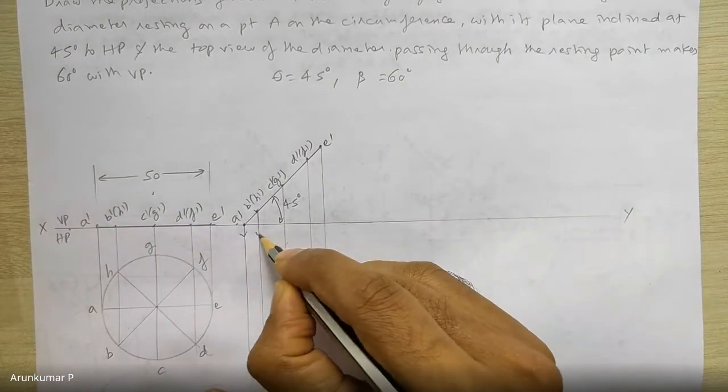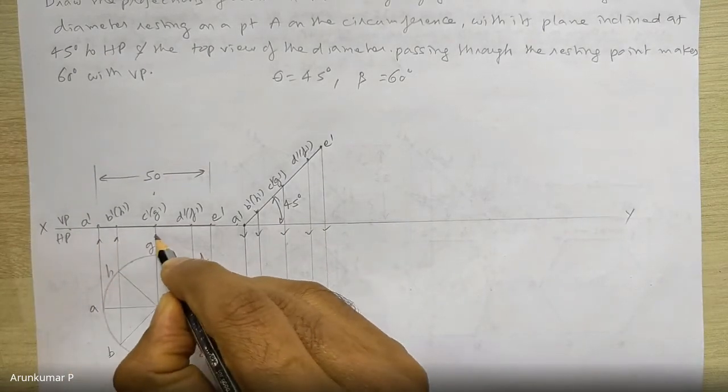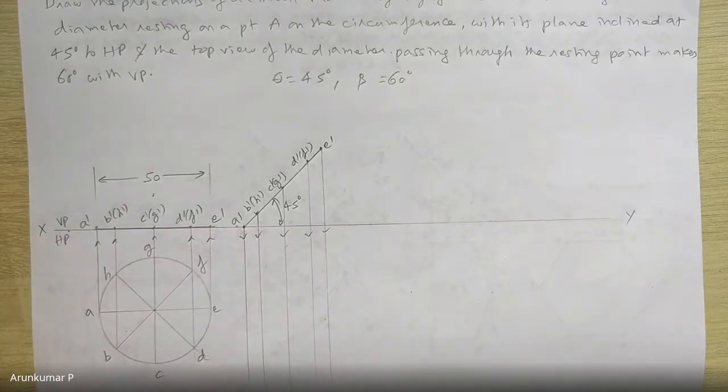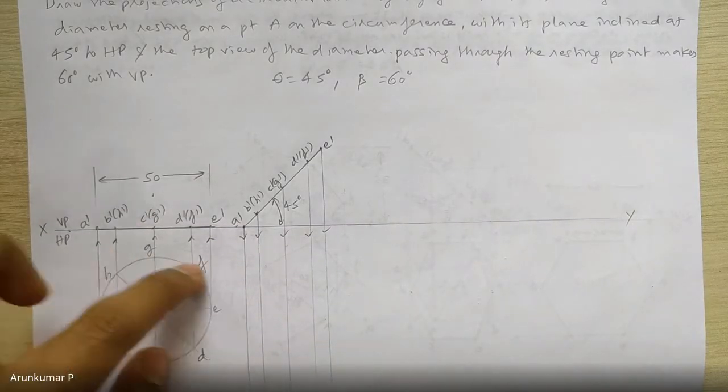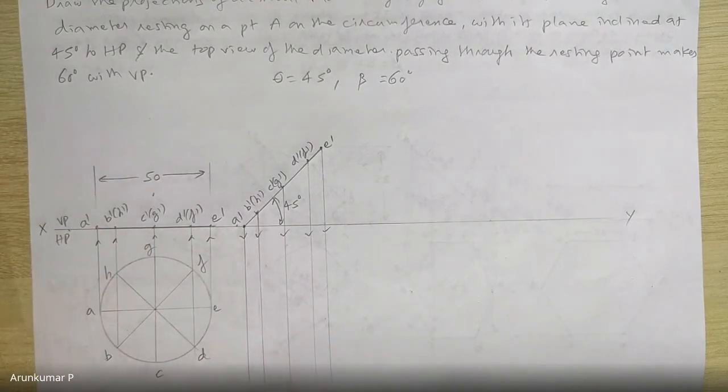So 5 vertical projectors onto the top view in the second step, and the same 5 horizontal projectors from the top view in the first step.